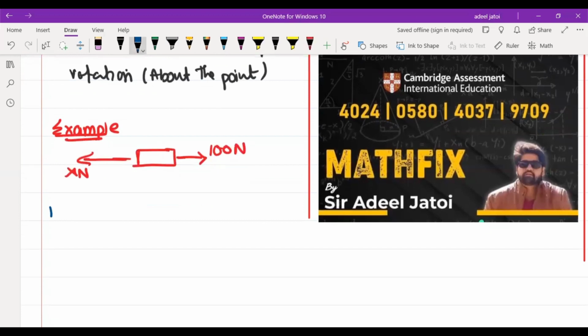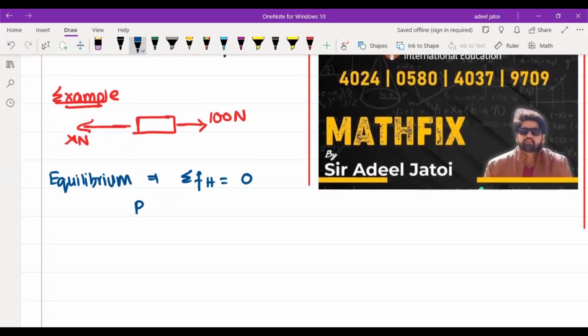So what we need to understand is that the summation of forces should be equal to 0, which means right minus left should be equal to 0, or we can even say right should be equal to left.